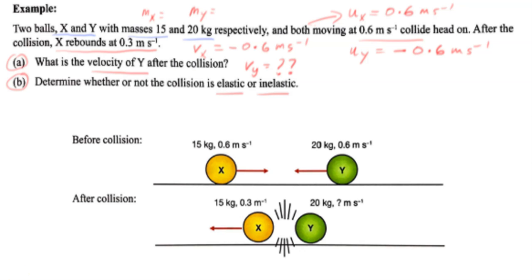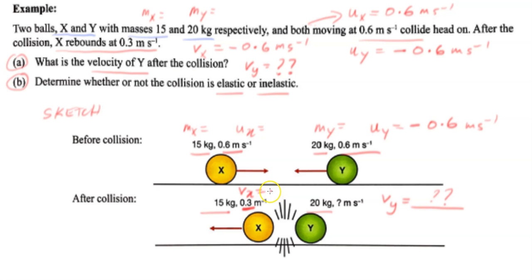So the first thing we want to do is a sketch and make sure it's well annotated. So remember, the mass doesn't change afterwards. Okay, and I should put that as -3.